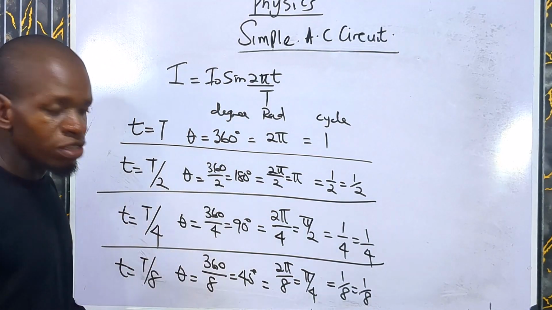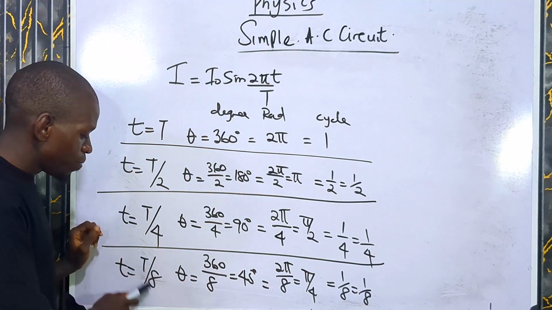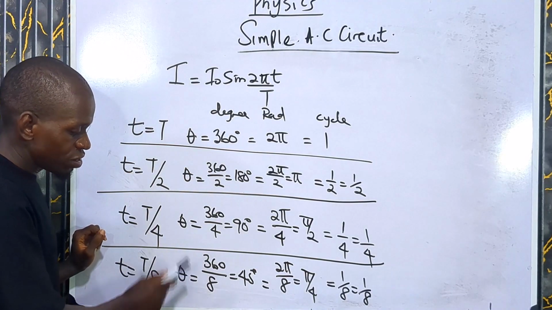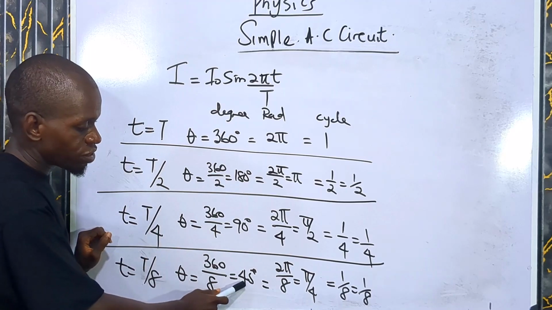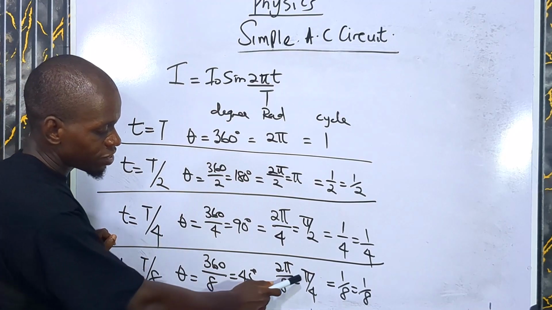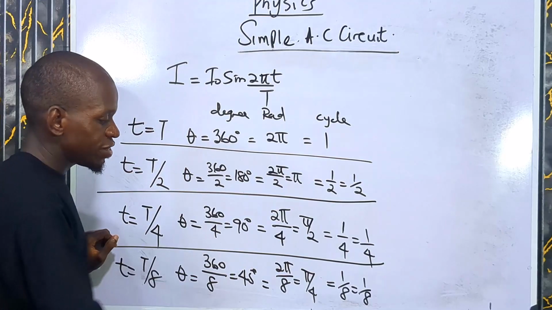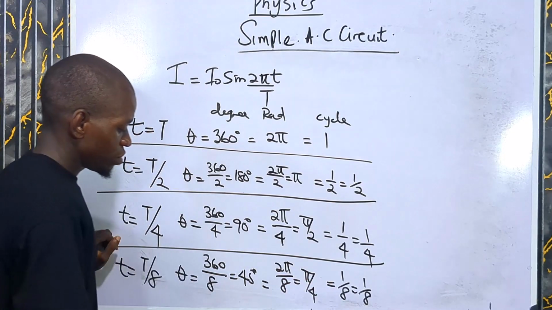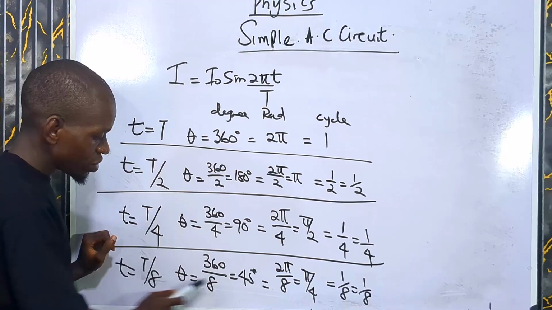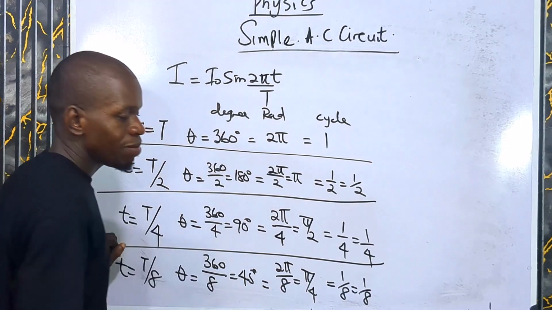Now, I'd like you to take note of one thing: when the period is divided by 8, in terms of angle, it's going to be 45 degrees. 45 degrees is the same as pi over 4 radians, and the same thing as 1/8 of a cycle. So these are the same thing.